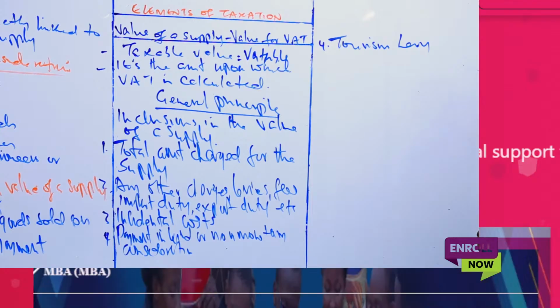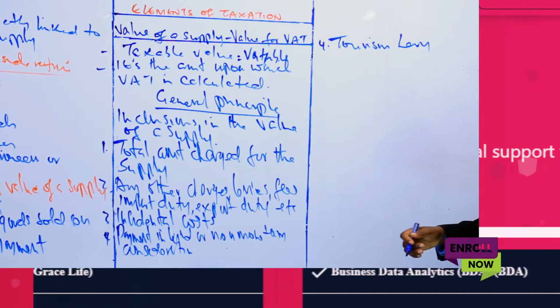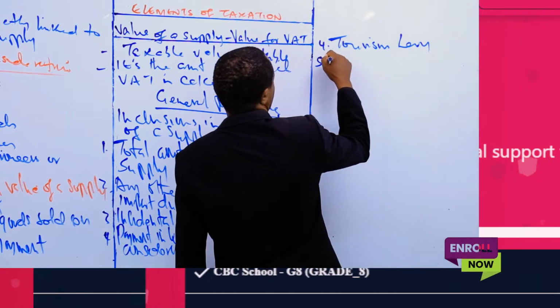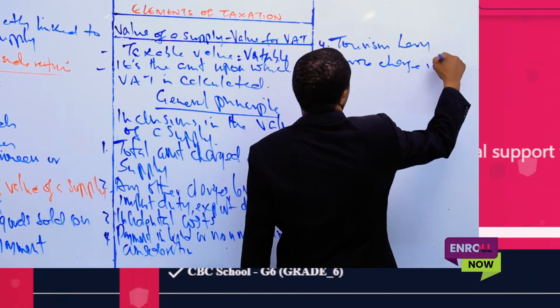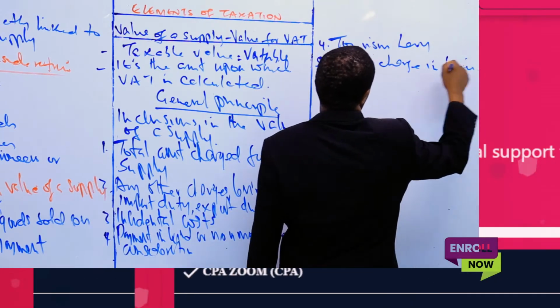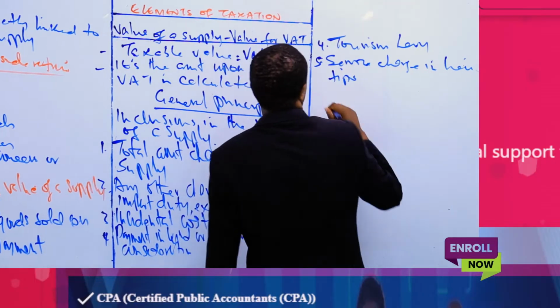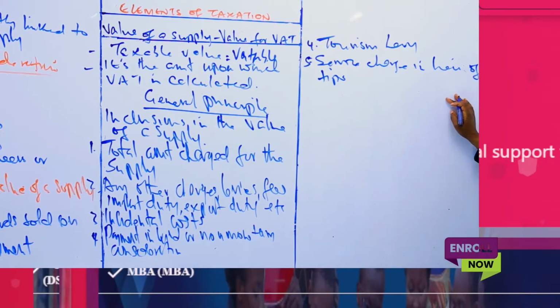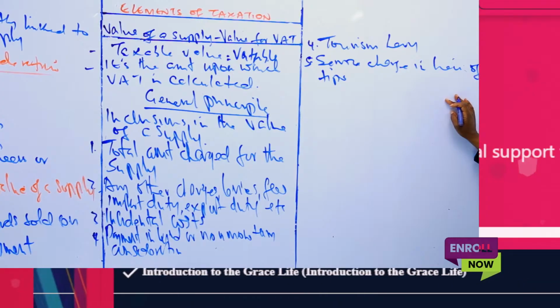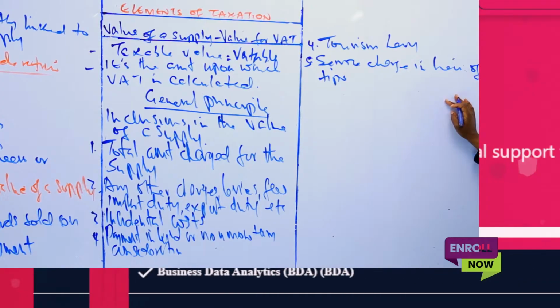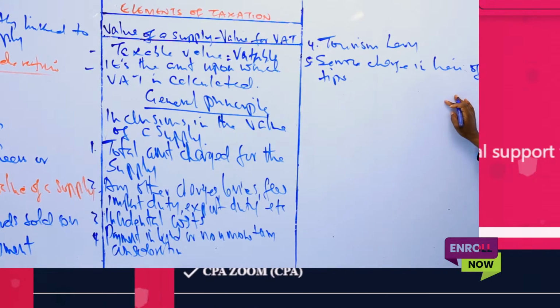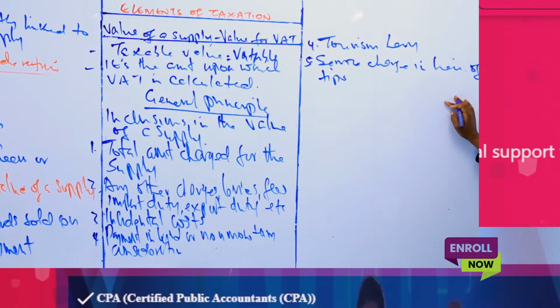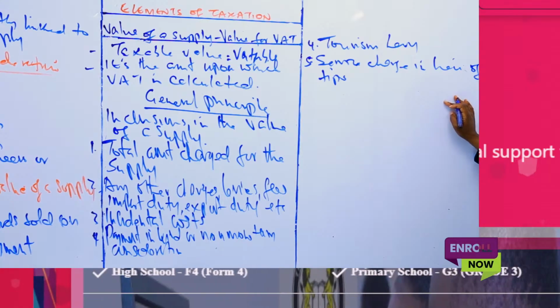Then you have service charge in lieu of tips in hotels and restaurants. Now, under specific conditions, for example, where there is an agreement in place and the service charge is less than 10% of the bill, this amount may be excluded from the taxable value.